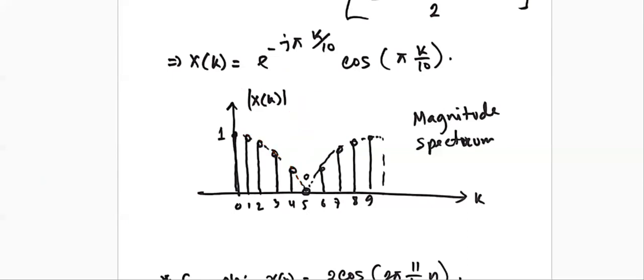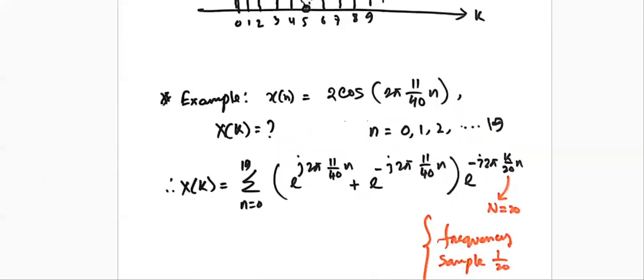Now in the next example, we take a continuous periodic signal, and you can closely look at this frequency. We have 2 pi f, omega equals 2 pi f n.